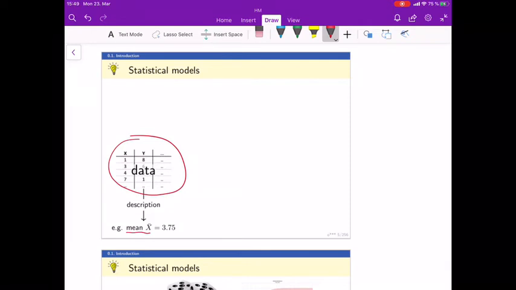I'll show that to you on the next video actually, within a few minutes time. We can extract other useful bits of information like variances and correlation coefficients and all that sort of stuff. But we're always just describing some numbers.